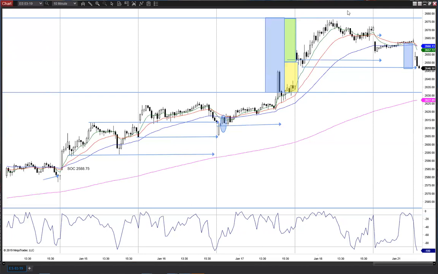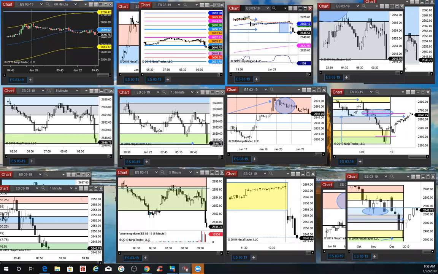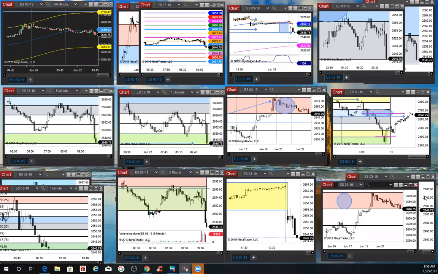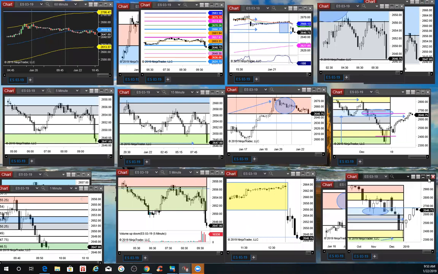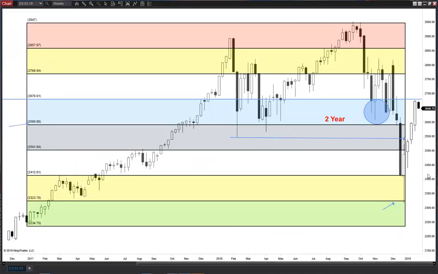Above that, we'd said 79 on a two-year, 80 idea. We'd said this line right here, we're really in this box right now on the two-year, and that was the top. And this would really be my next resistance at 80.